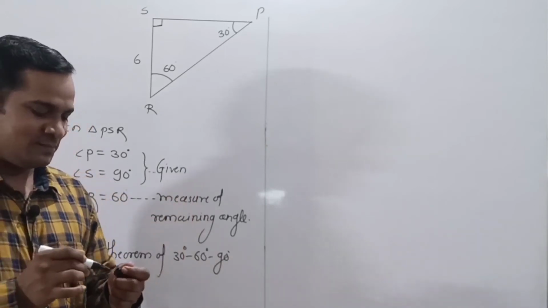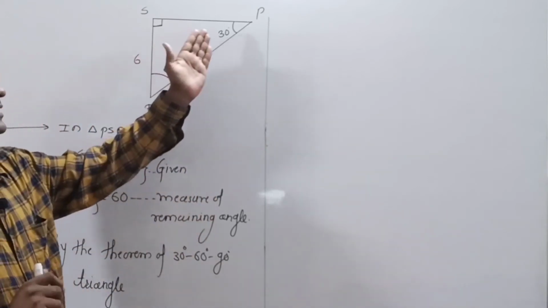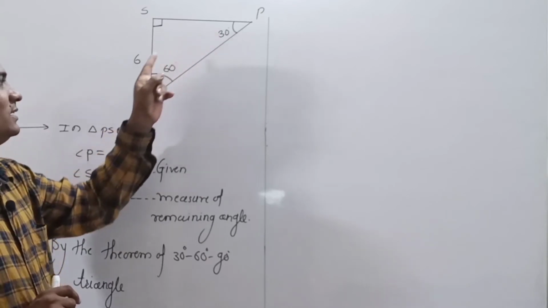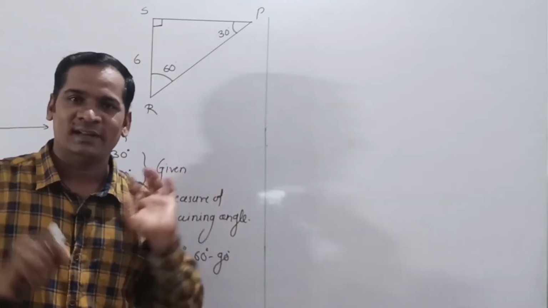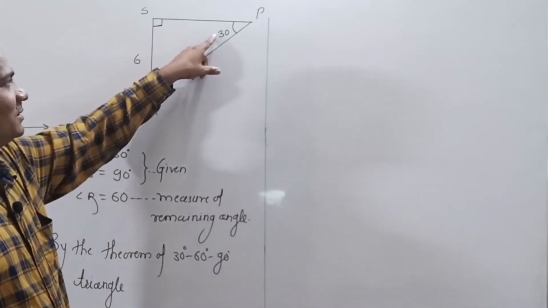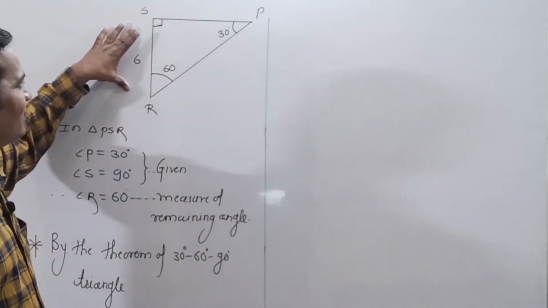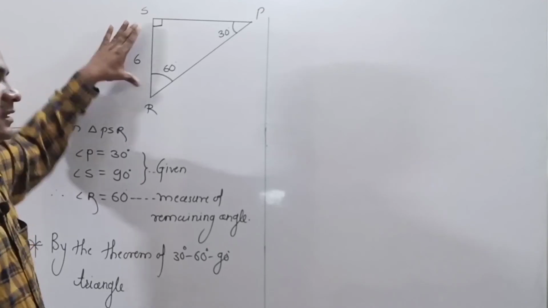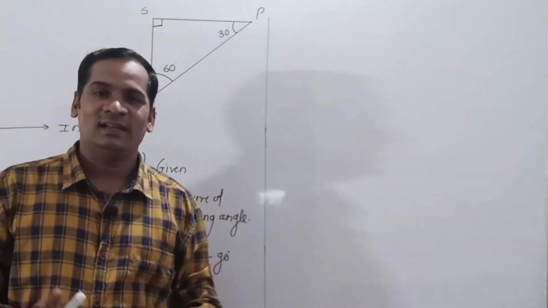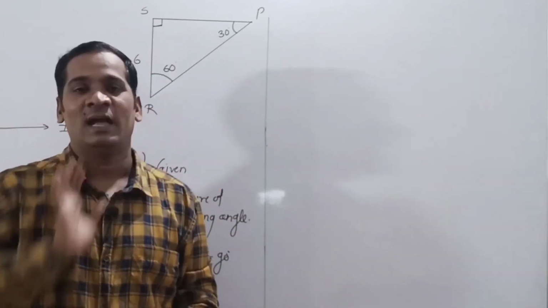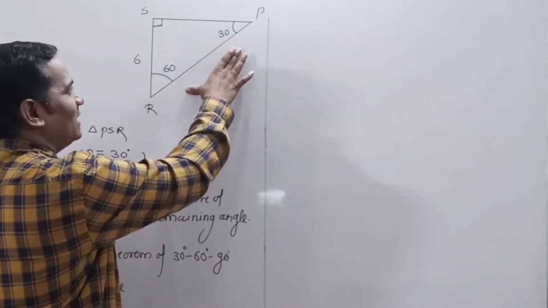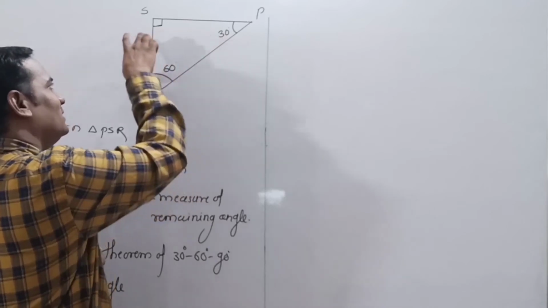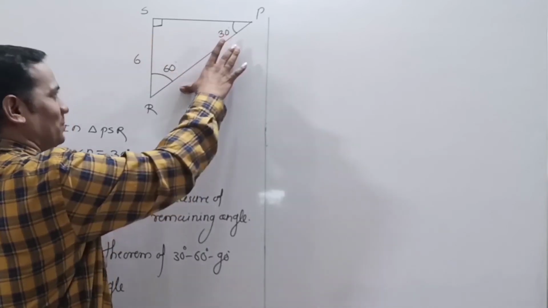Now the theorem is that in a triangle with measures 30 degrees, 60 degrees and 90 degrees, the side opposite to 30 degrees, look at this, this is 30 degrees and SR is the opposite side of that 30 degrees, is half the hypotenuse. Okay. Now who is the hypotenuse? This PR is the hypotenuse, and this SR will be half of this PR.